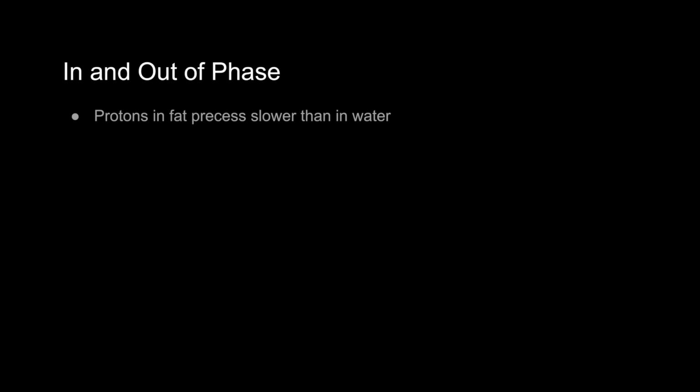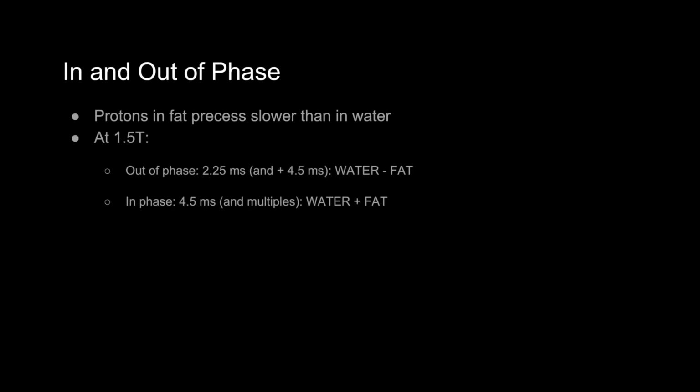And there are going to be times when they oppose or are opposite in direction or are out of phase and subtract from one another. This is the principle of in and out of phase imaging. Out of phase imaging displays water signal minus fat signal, or the difference in the two. And in phase imaging displays water plus fat, or the additive signal of the two.